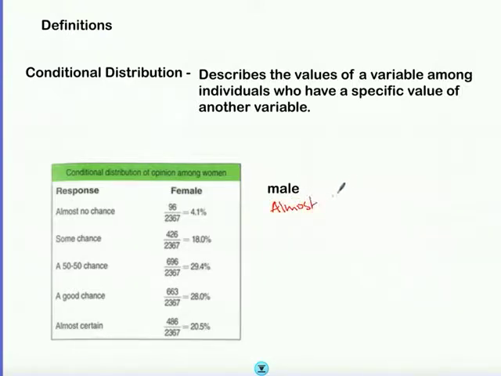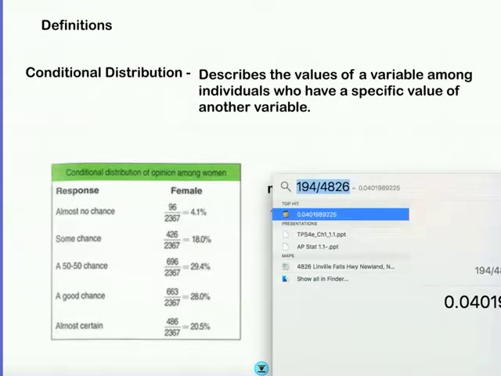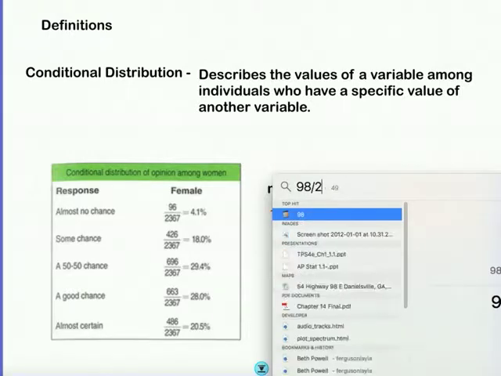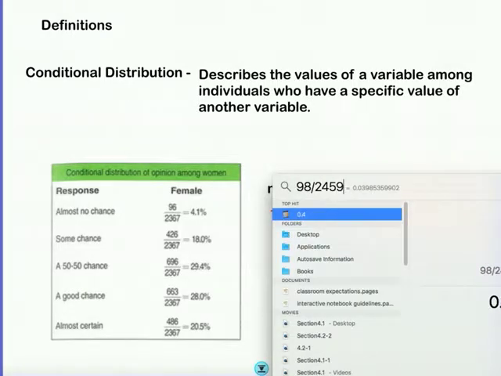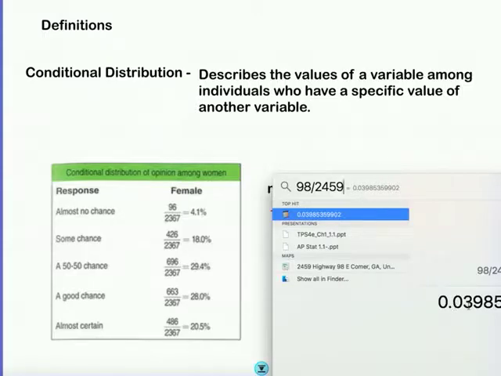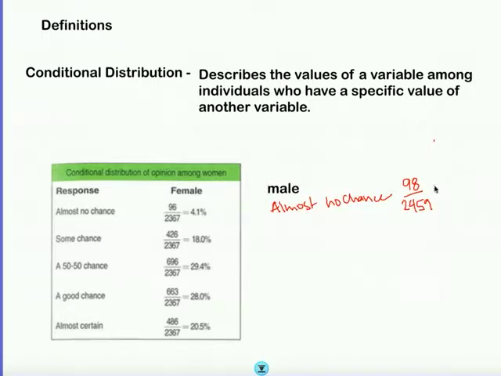To do male, you had almost no chance, and the number of almost no chance for males was 98 out of a total of 2,459. So 98 out of 2,459 would be 0.039, which would be 0.04, which would be 4%.